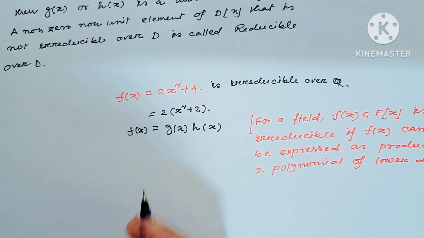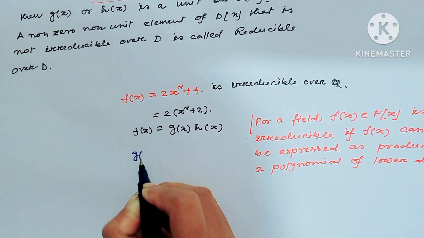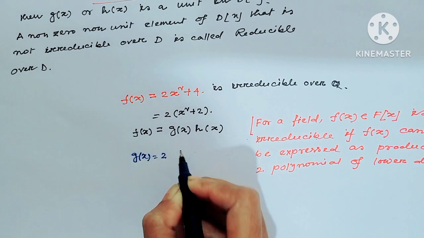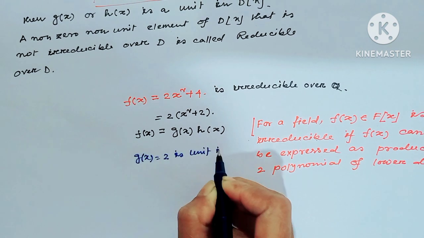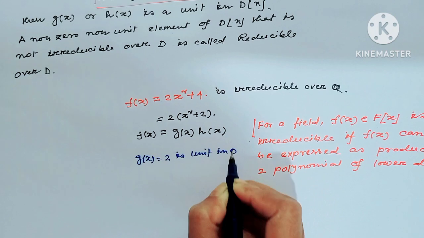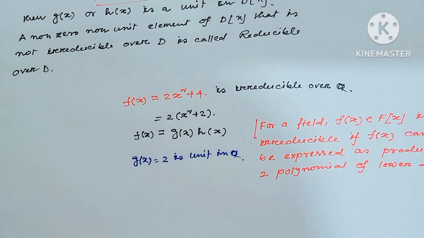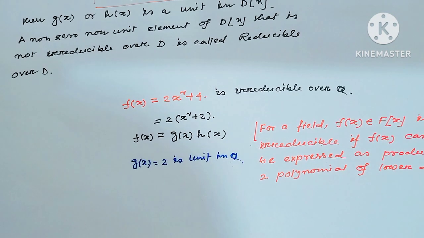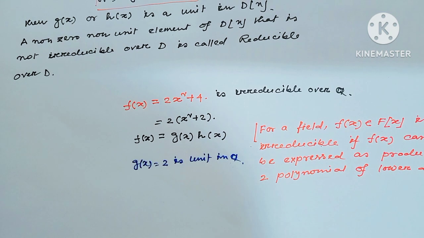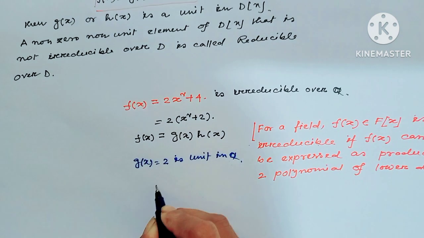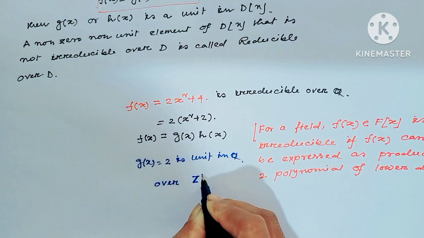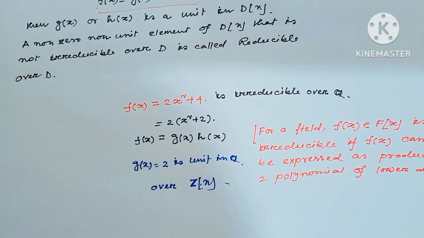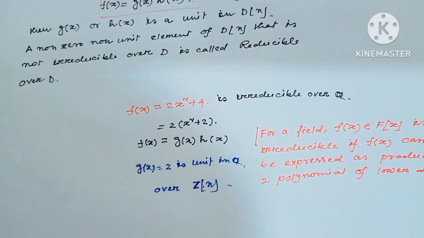And notice g(x) = 2 is a unit in Q. So, obviously, this is irreducible over Q. But over Z, in Z[x], this is reducible.